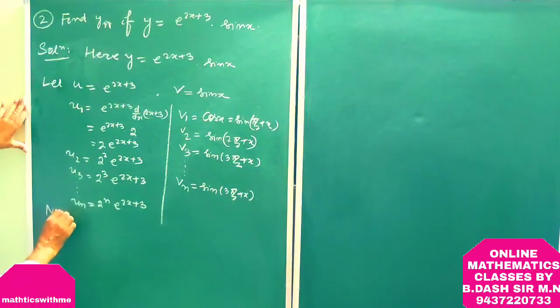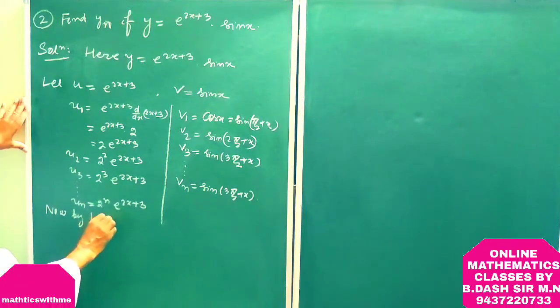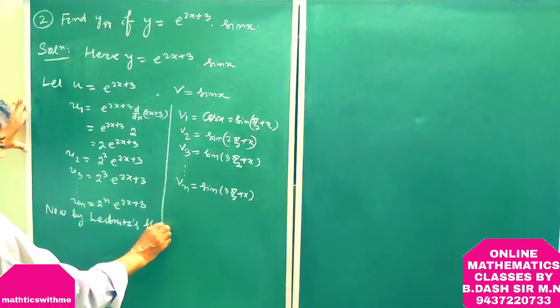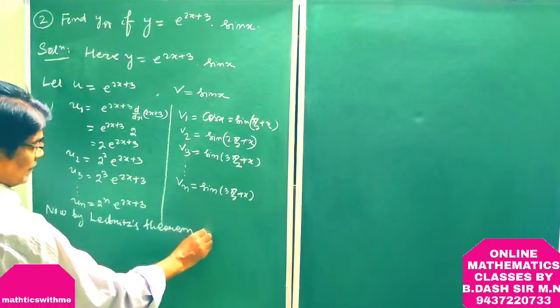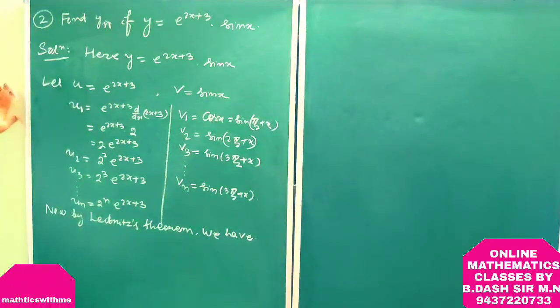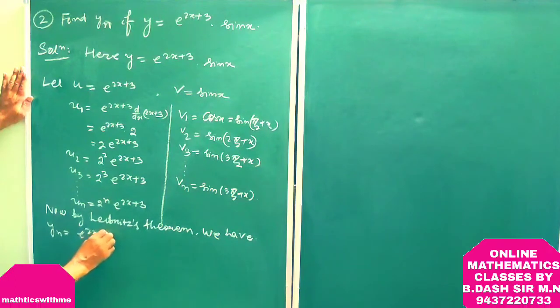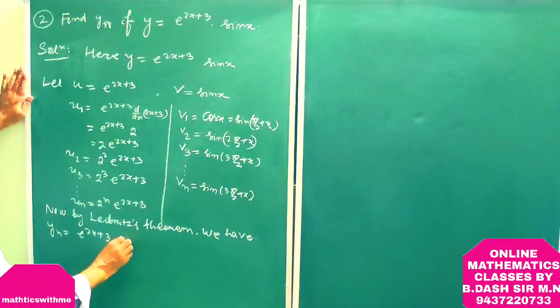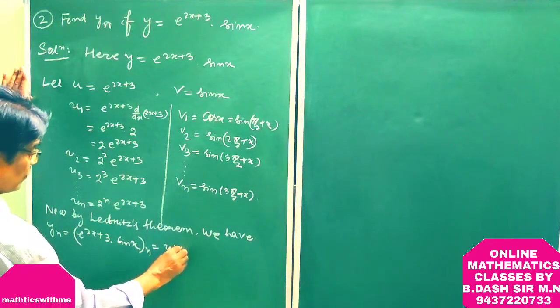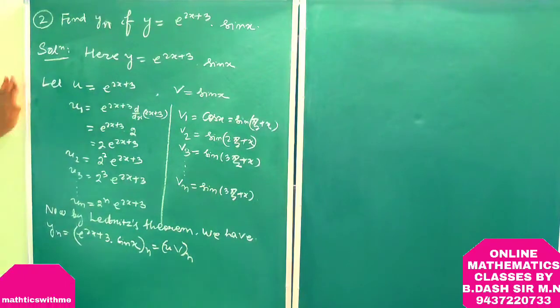Now, by Leibniz theorem, we have y n is equal to the n-th derivative of e to the power 2x plus 3 into sin x, that is u into v.